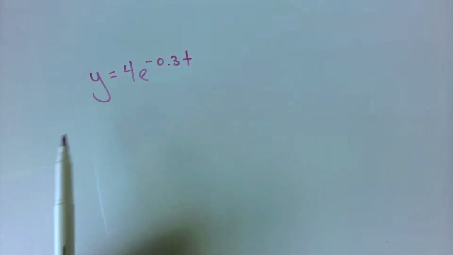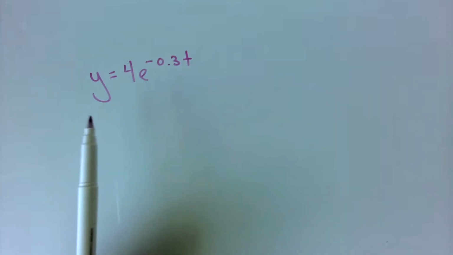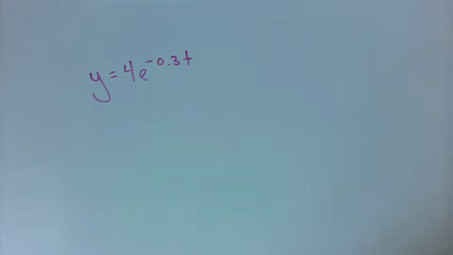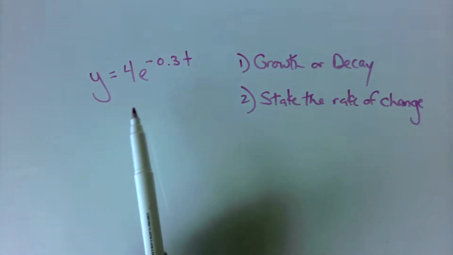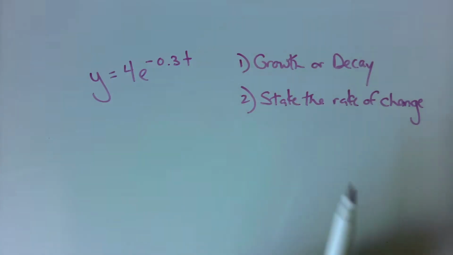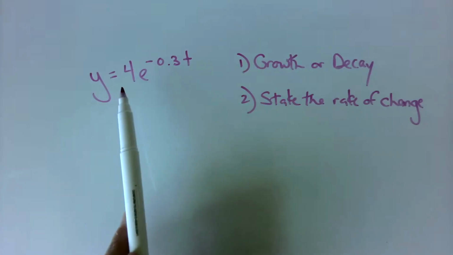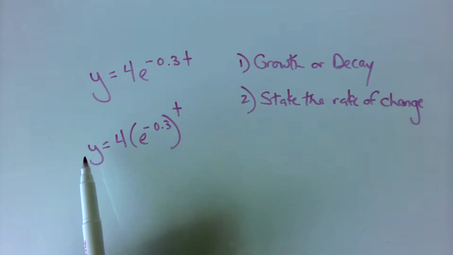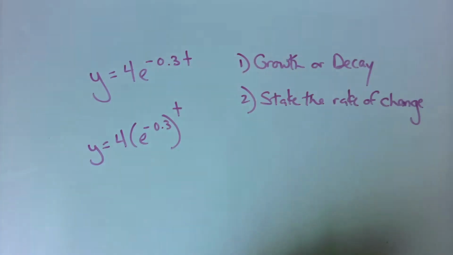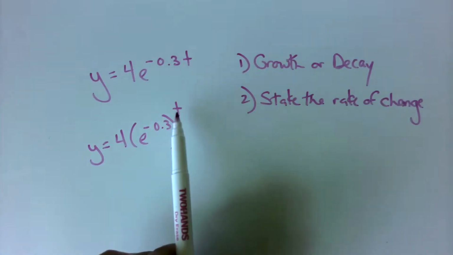So let's say we encounter a problem that says y equals 4e to the negative 0.3t, and we're asked to determine whether this is an example of growth or decay, and then to state the rate of change. To determine whether this is growth or decay, the first thing I'm going to want to do is rewrite this in the following way. y equals 4 times e to the negative 0.3, to the t, right?